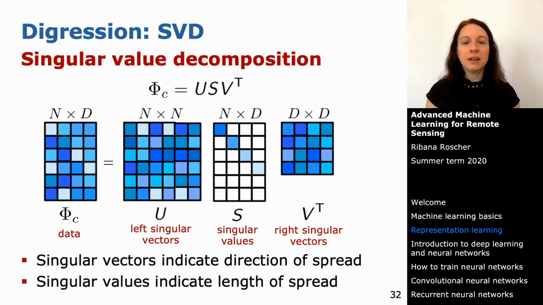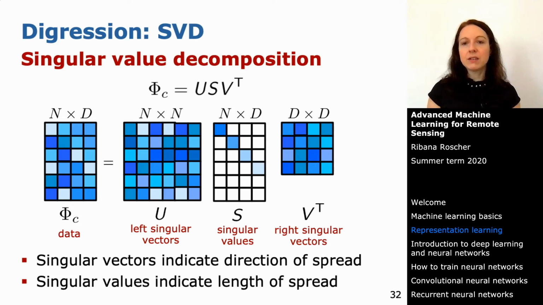U contains the left singular vectors, and V transpose contains the right singular vectors, and both of these matrices are rotation matrices, and S contains the singular values. It is sorted in such a way that the element 1,1 is the largest singular value.